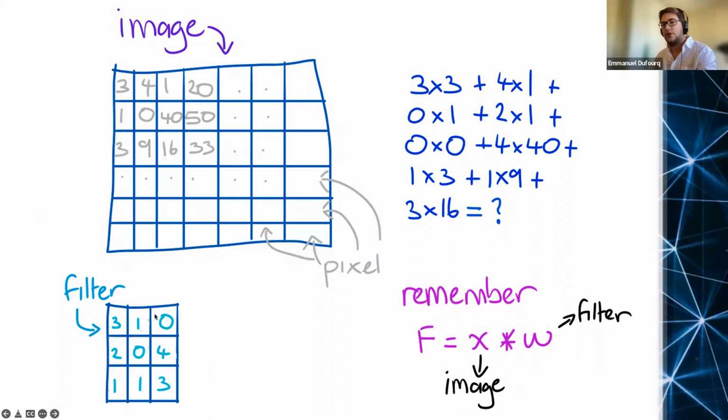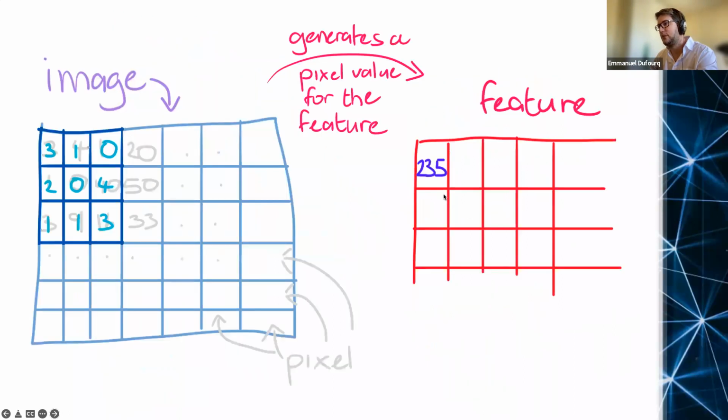Okay, so that was the first iteration of putting our filter in the top left corner, and that generates our very first value for our feature map F. So now we're not done. When we do this convolution, it generates a pixel value for the feature map.